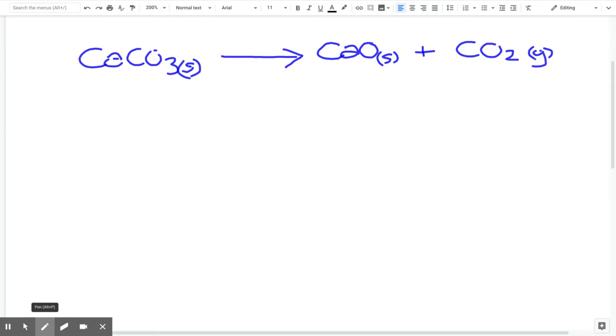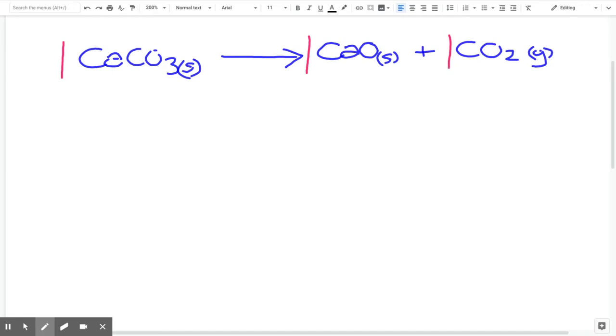It's already fully balanced. And what we don't do when an equation is balanced in this way is generally write the number ones, because we assume it's a number one.